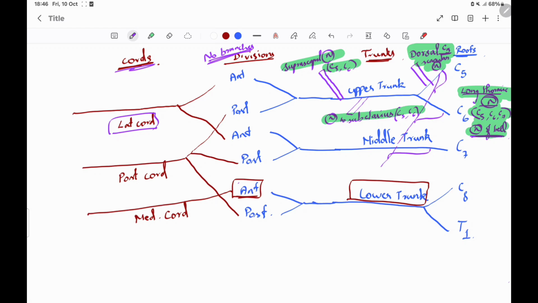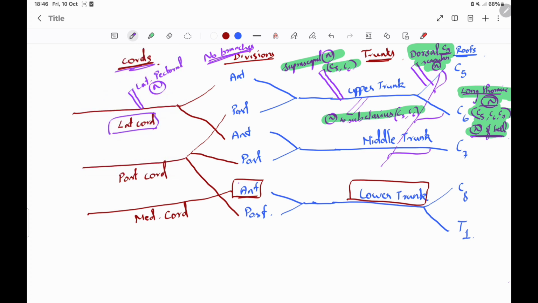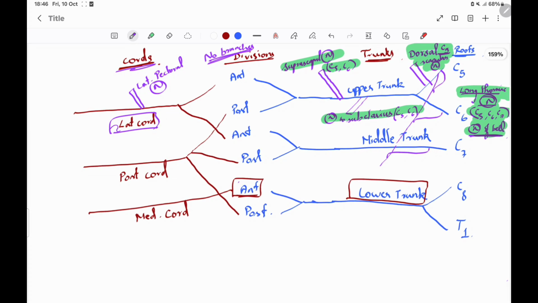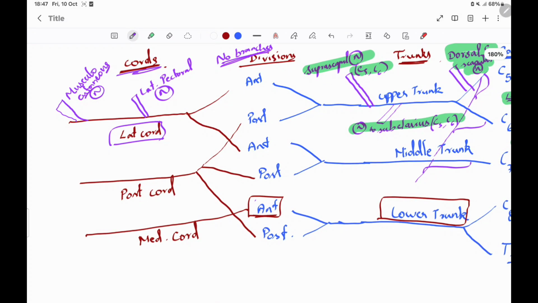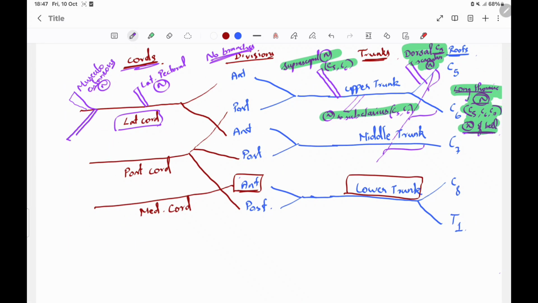From the lateral cord: lateral pectoral nerve, musculocutaneous nerve, and the lateral root of median nerve.